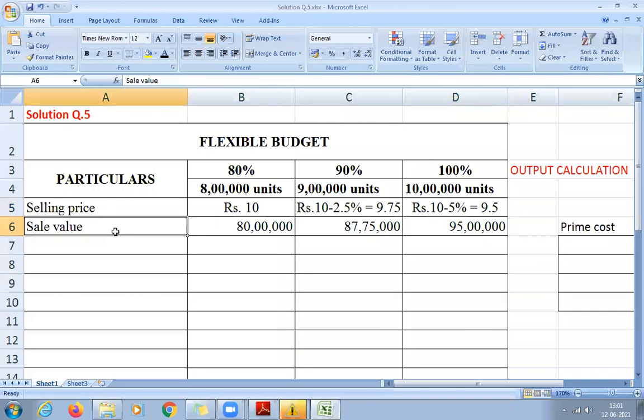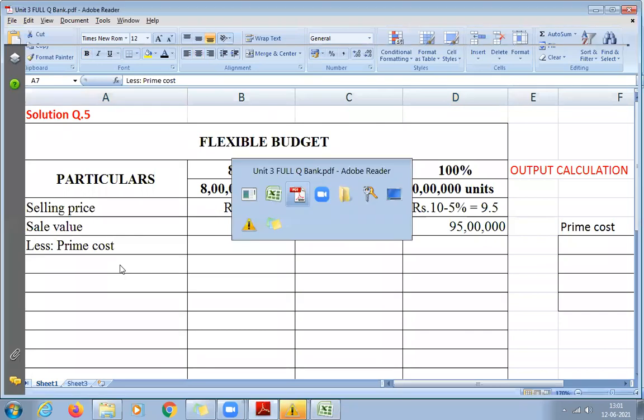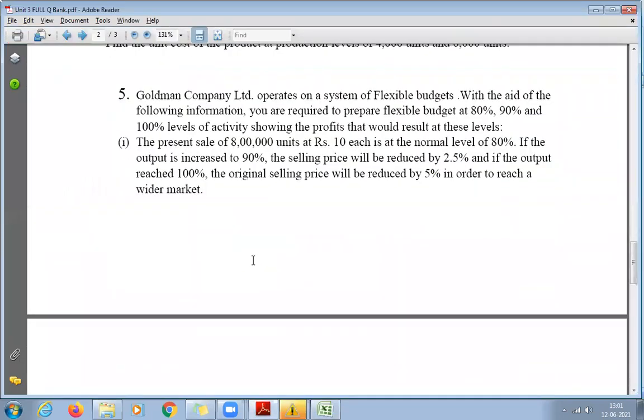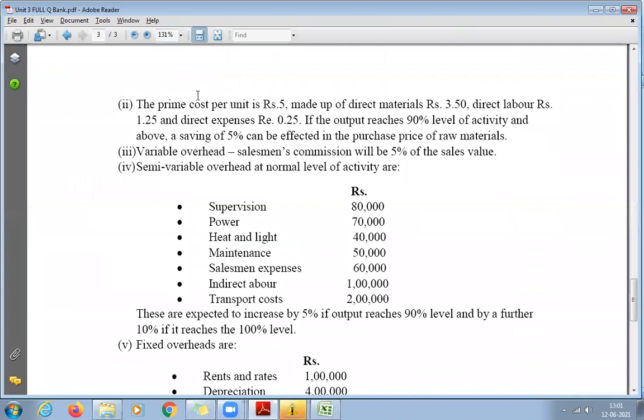Next, we have to minus the prime cost. The prime cost here is rupees 5, in which material is 3.5, labor is 1.25, and direct expense is 0.25.